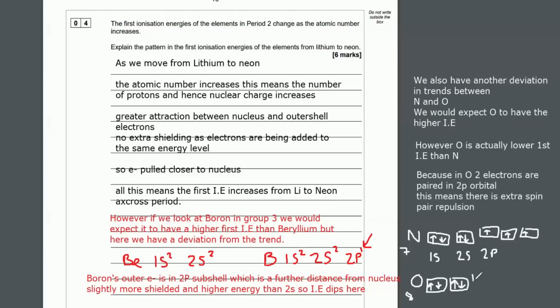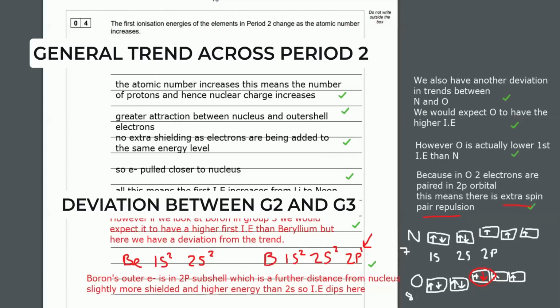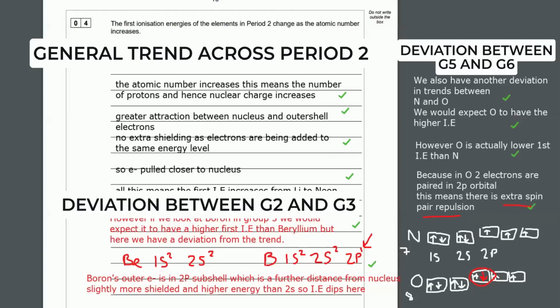And this actually is a more stable configuration than, say, oxygen's, where it has 1 in each of the 2p's, but then it has that 1 extra electron which has to pair up, and we get spin pair repulsion in that orbital in the 2p subshell, making that electron more easily removed because it has some repulsion. There we go. This would get you all 6 marks. You've covered all 3 things. So the way the 6 marks were weighted, we needed general trend, deviation between group 2 and 3, and then deviation between group 5 and 6.